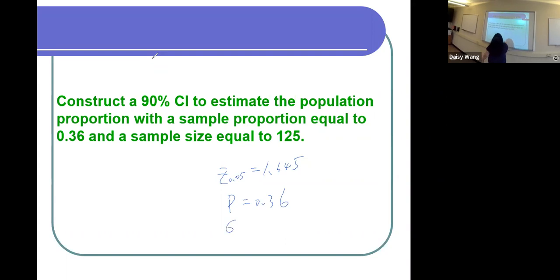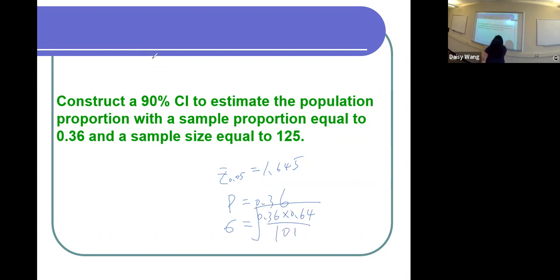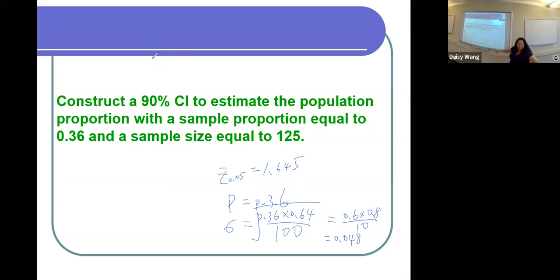And then this sigma is 0.36 times 0.64 divided by 100, right? So it would be 0.6 times 0.8 divided by 10, I think. So it will be 0.048. Could you use the calculator to check 0.048? It would be good.